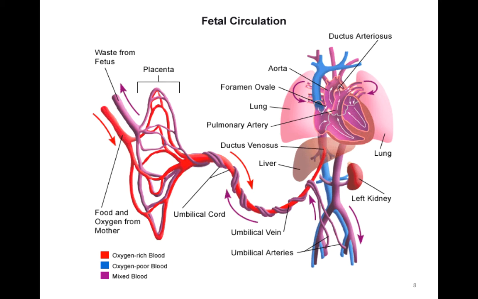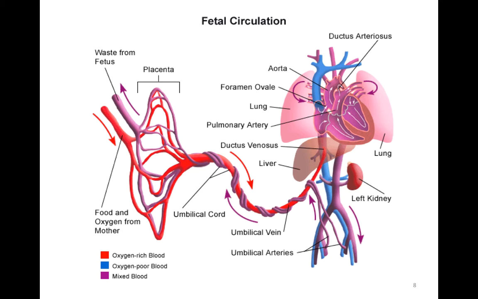Let's take a look at the ductus venosus. Okay, so this is essentially the way the blood bypasses the liver. So you can see in red the oxygenated blood being delivered to the baby.